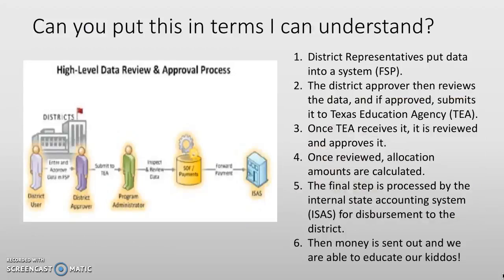This data is then reviewed by district representatives before being sent off to the Texas Education Agency, or TEA. Once TEA receives the data, they also review it for approval. Once it is approved by TEA, allocation amounts are calculated. The data and allocation amounts are then sent off to the internal state accounting system. And then once approved in this final step, money may be distributed to districts.